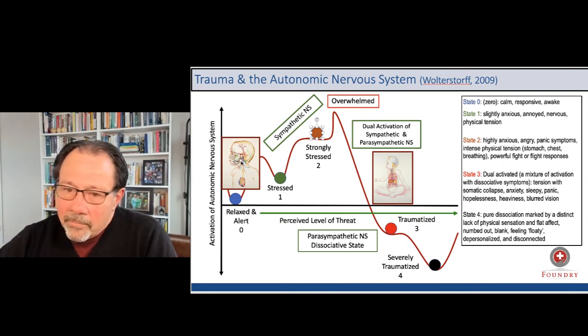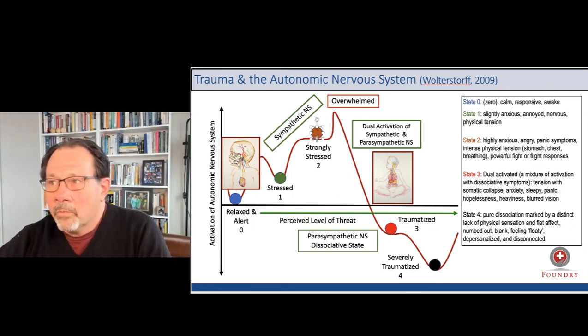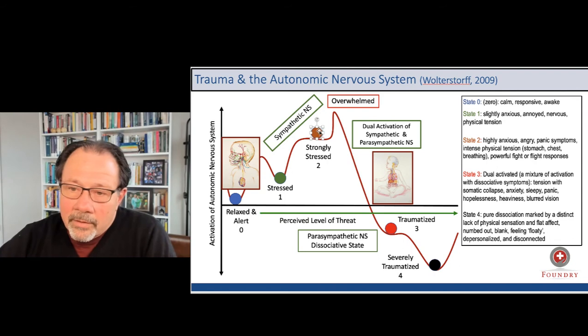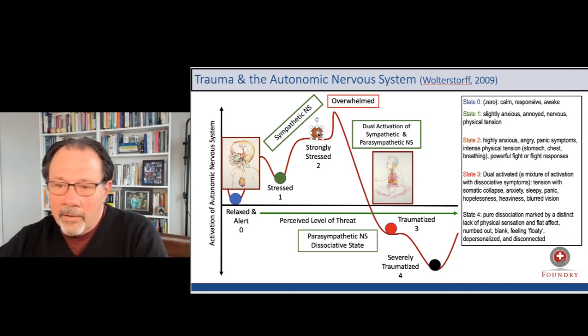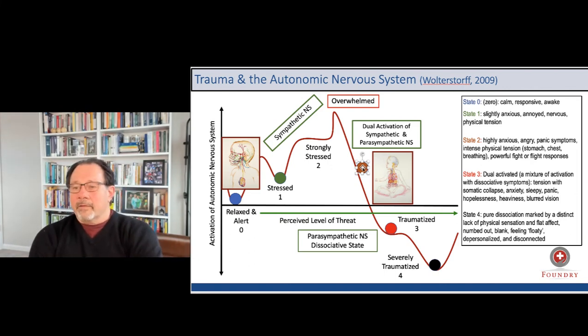So, in many cases, while that transaction is happening between the family member and the loved one, the person begins to actually feel dissociated, that they are kind of not hearing very well.